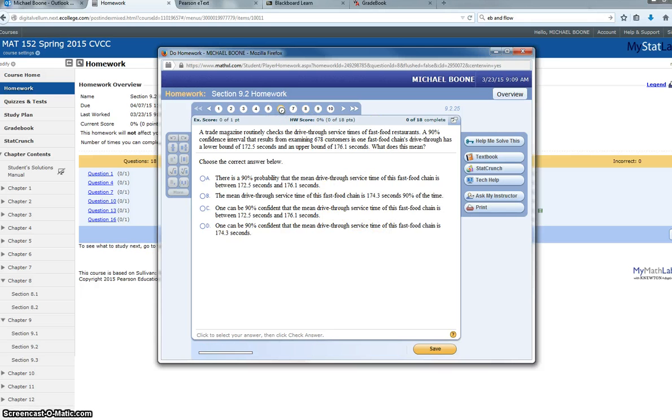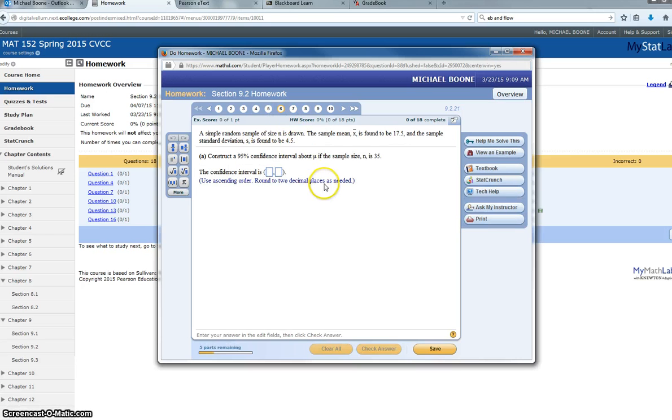Let's go find one. Here we go. Simple random sample size n is drawn. The sample mean x bar is found to be 17.5, and the sample standard deviation s is found to be that. Construct a 95% confidence interval about the mean if the sample size is 35.